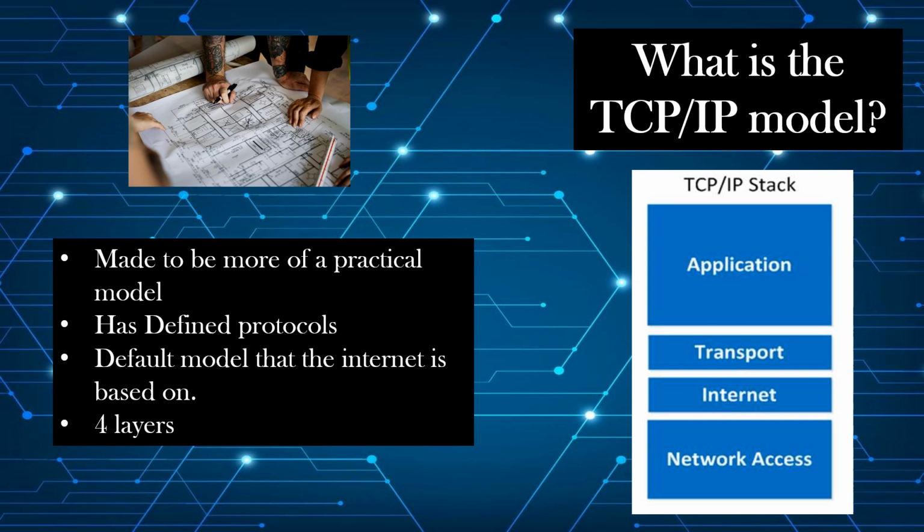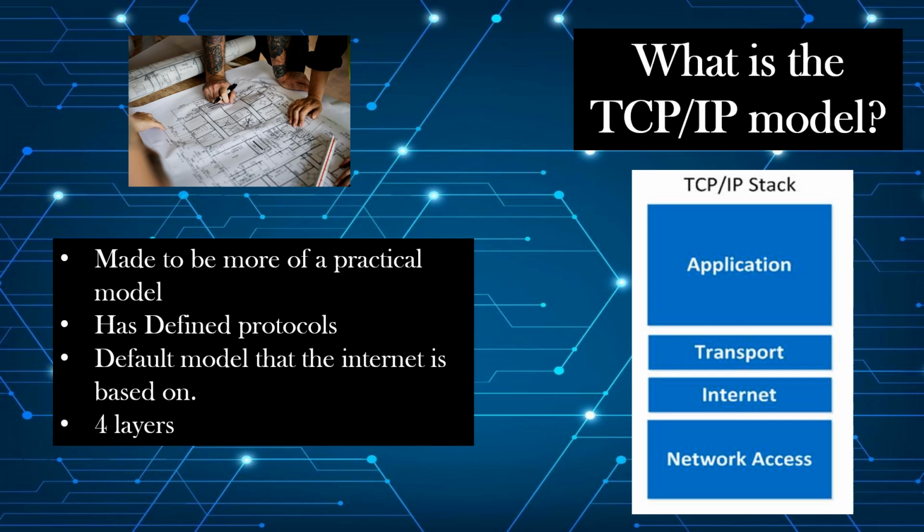What is the TCP/IP model? The TCP/IP model, or the Transmission Control Protocol Internet Protocol model, is the default method of communication used on the Internet and is supposed to be more of a practical framework rather than theoretical. Developed in the 1970s, the TCP/IP model is used to allow a network to achieve accurate transmission of data between systems.